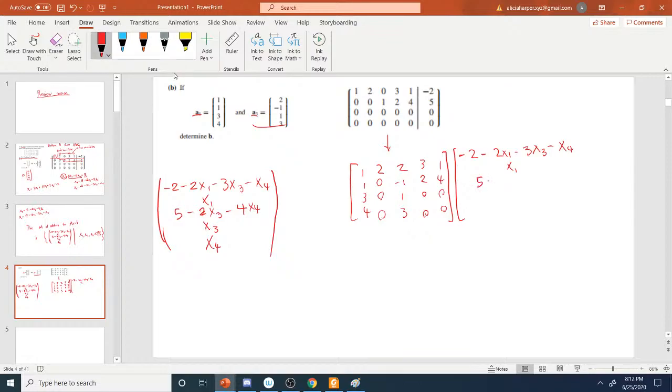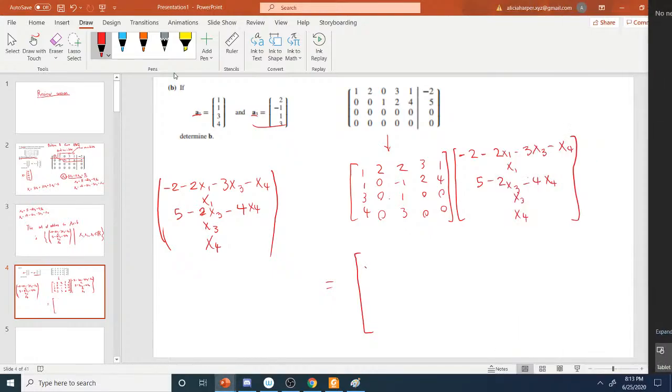So 5 minus 2x3 minus 4x4, and then x3, and then x4. And so we're going to multiply this matrix by this vector. And this is a long, tedious computation.